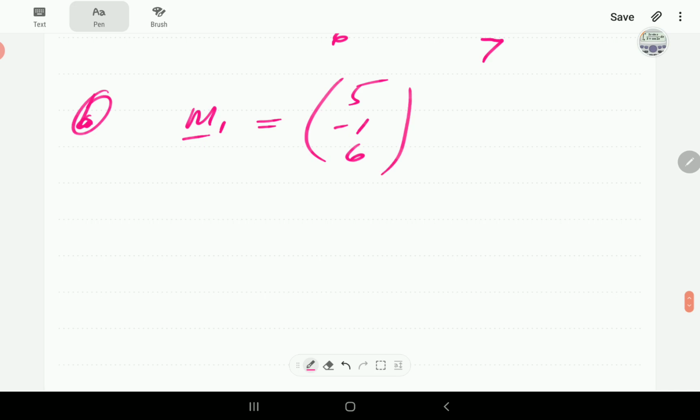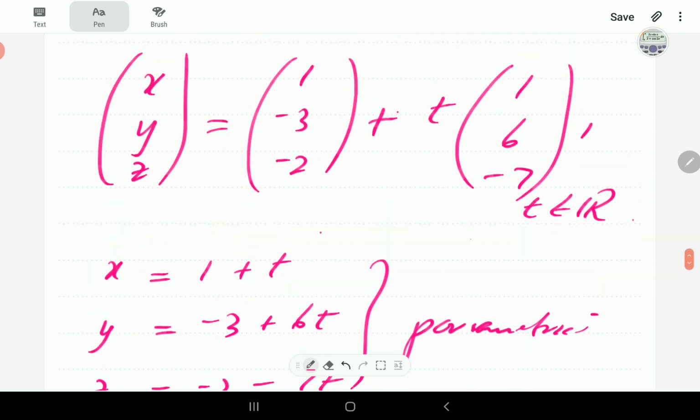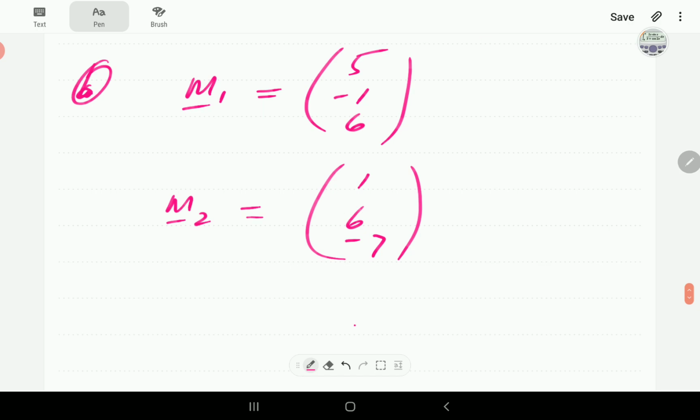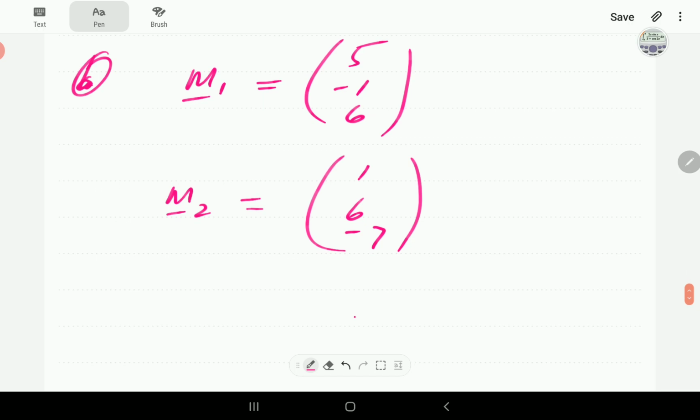That's the direction vector for L1. Direction vector for L2, just did a second ago, 1, 6, minus 7. And so the angle between these two lines is simply going to be the angle between the direction vectors.